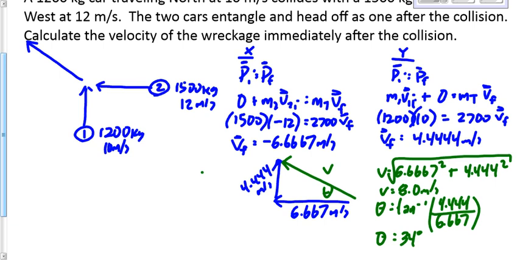Something of, I'm going west and I'm going north. Is it west of north or north of west? What is it, McKinnon? North of west, yeah. You have to include a direction because velocity is a vector, right?